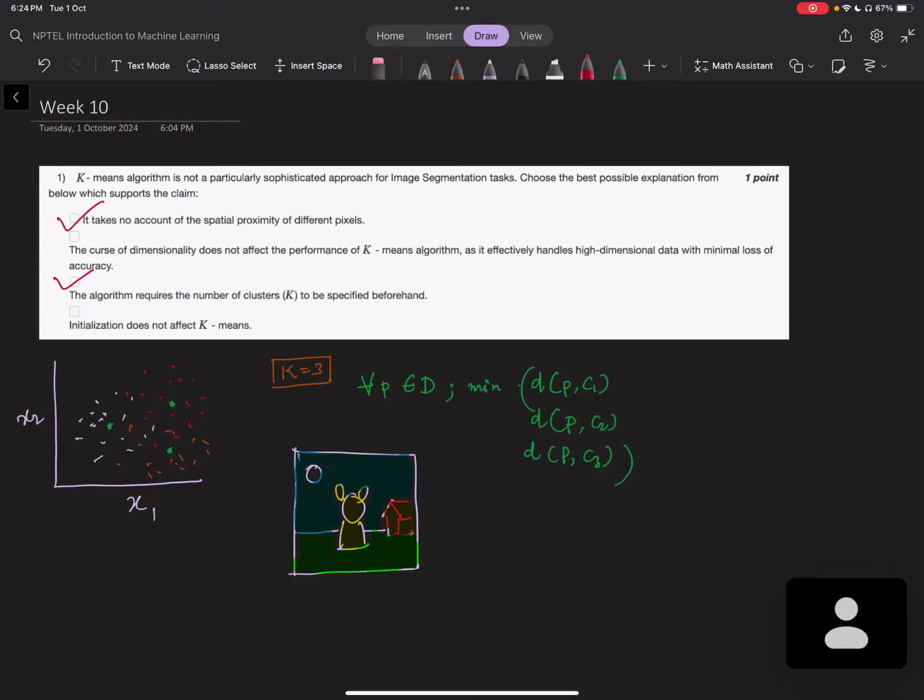The reason option A is correct is that k-means clustering does not take into account the spatial proximity of different pixels. Let's say this is grass, this is grass, but this is not grass.